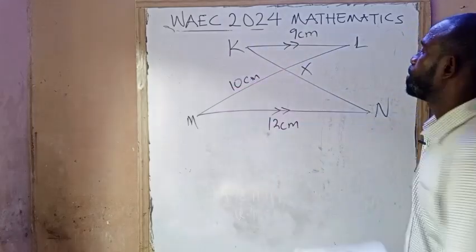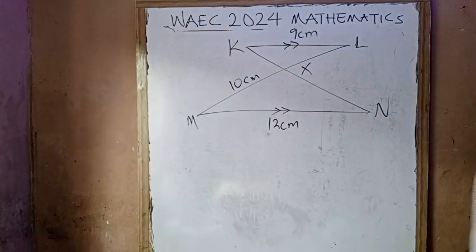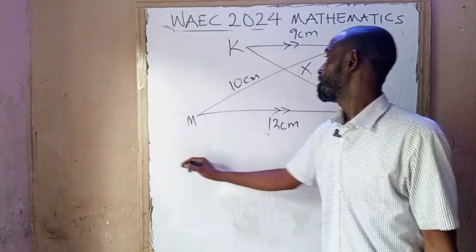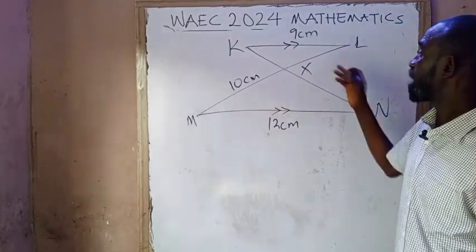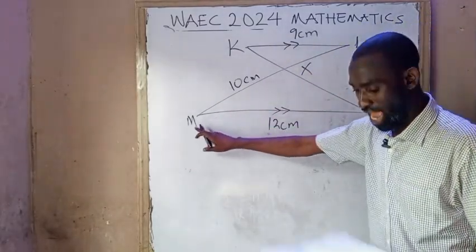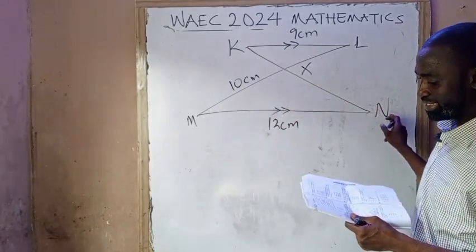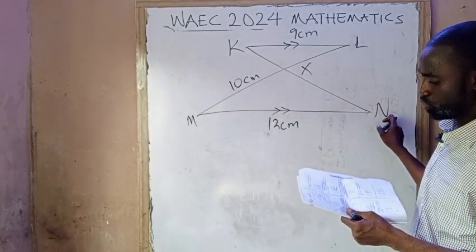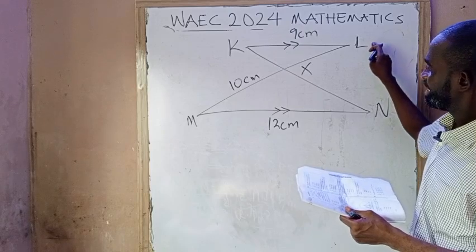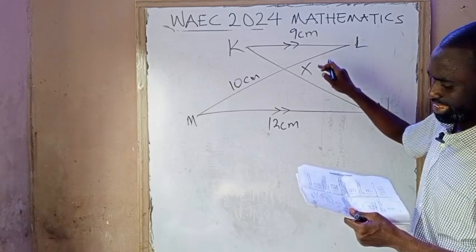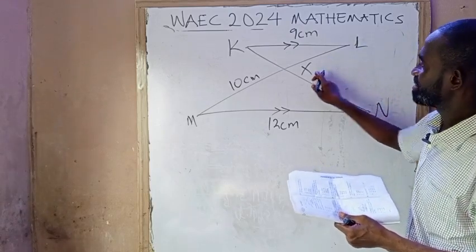Okay, this is what we call similar shapes. So, the ratio of the areas of similar triangles. Where is the similar triangle? Triangle MXN is similar to triangle LXK.